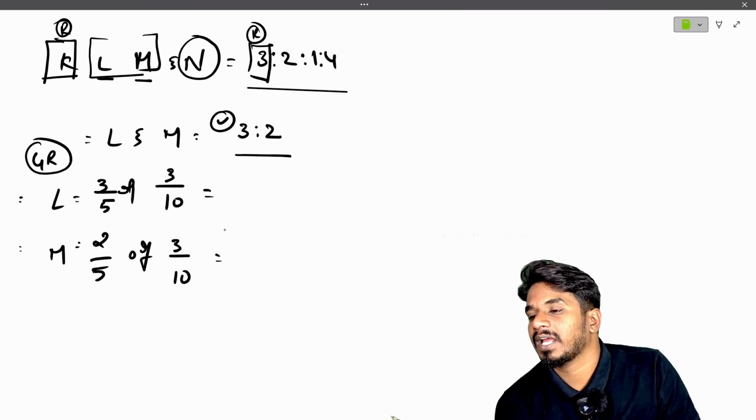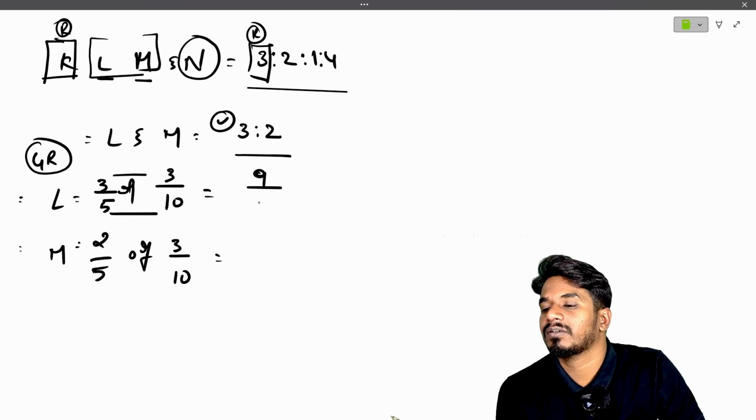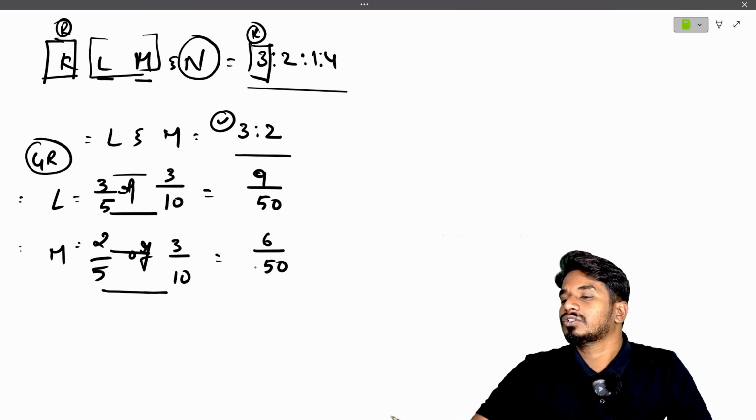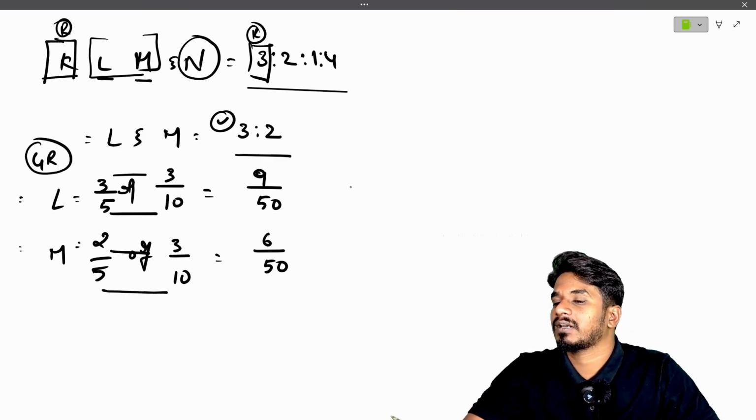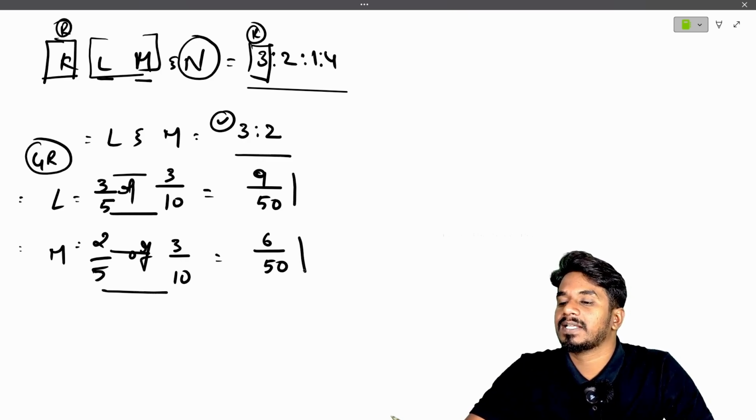So directly we can multiply. 3 into 3 it is 9 divided by 5 into 10 it is 50. 2 into 3 it is 6 divided by 5 into 10 it is 50. So we got our gain ratio as 9 by 50 and 6 by 50.